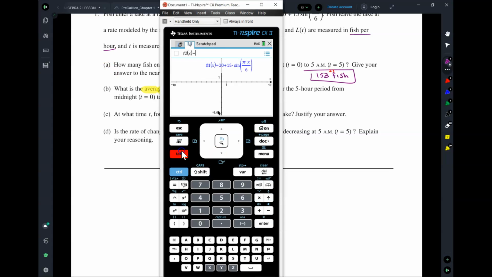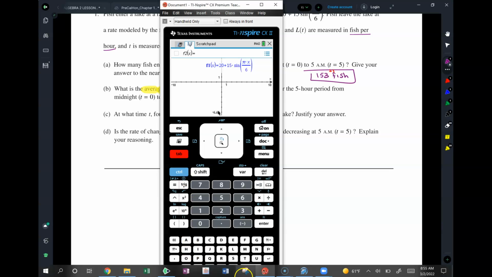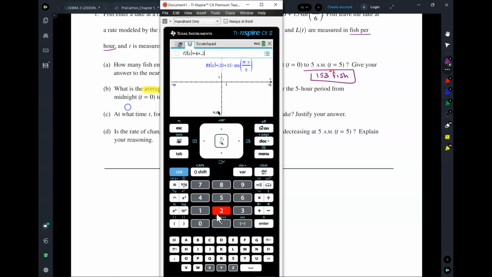So for this, you're going to plug in L of t in F2. What is L of t? It's 4 plus 0.2 to the power of 0.1 t squared.